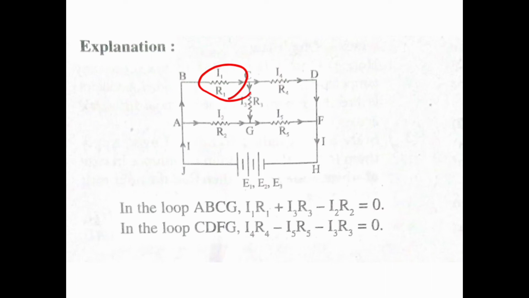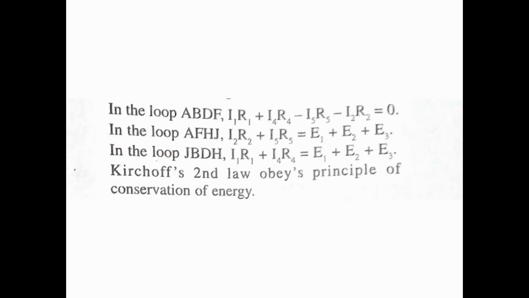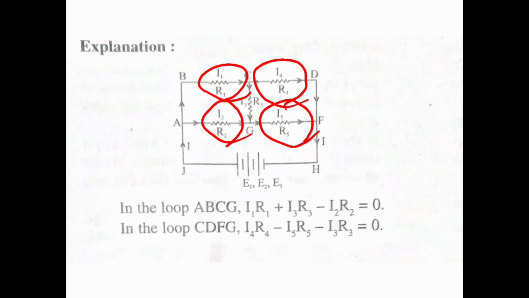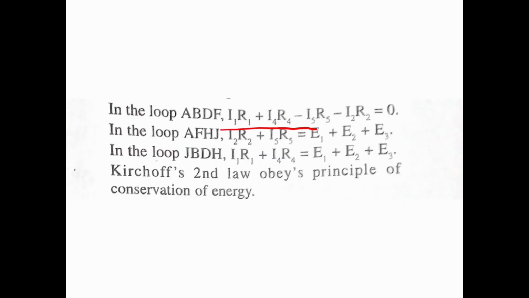I1 R1 plus I4 R4 minus I2 R2 minus I5 R5. Is this given? This is given. So I1 R1 plus I4 R4 minus I5 R5 minus I2 R2 is equal to 0.